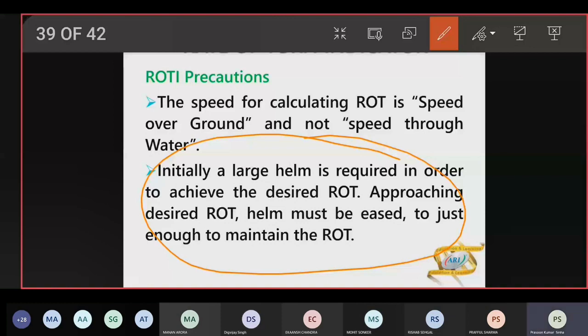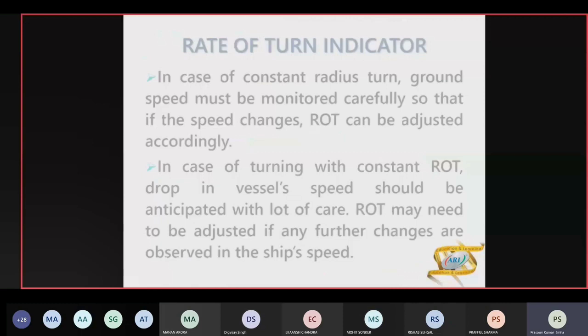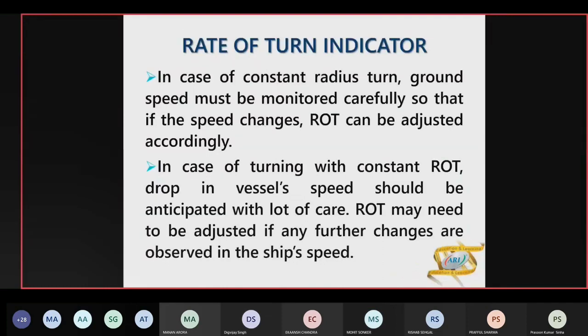Anyway, we have discussed this, so I think it is clear. More precautions. Precautions when we are using a given type of execution. अगर constant radius turn है तो speed should be monitored and ROT should be altered accordingly.